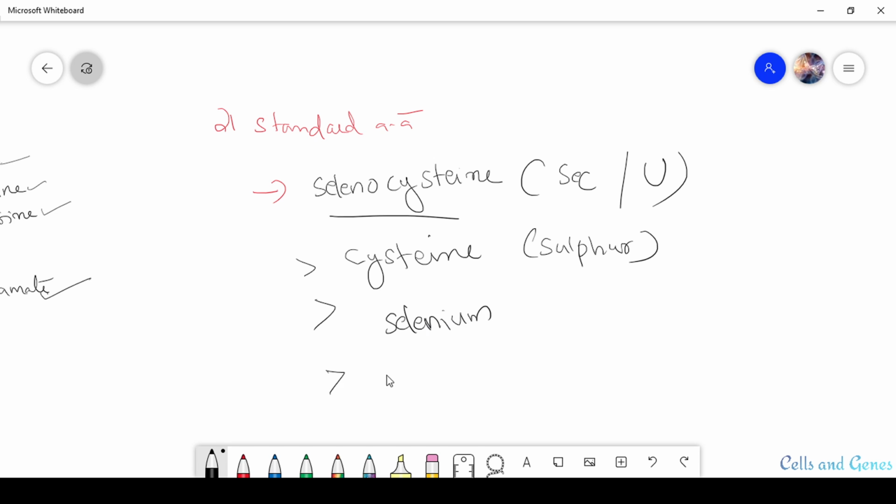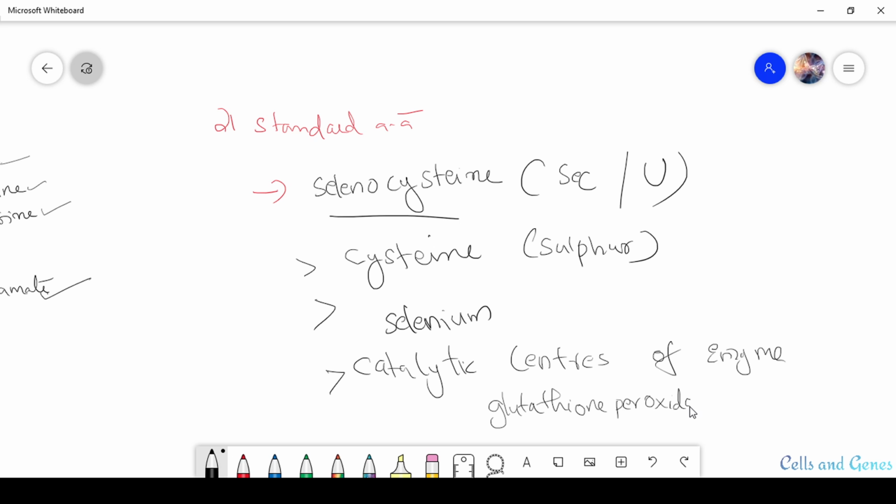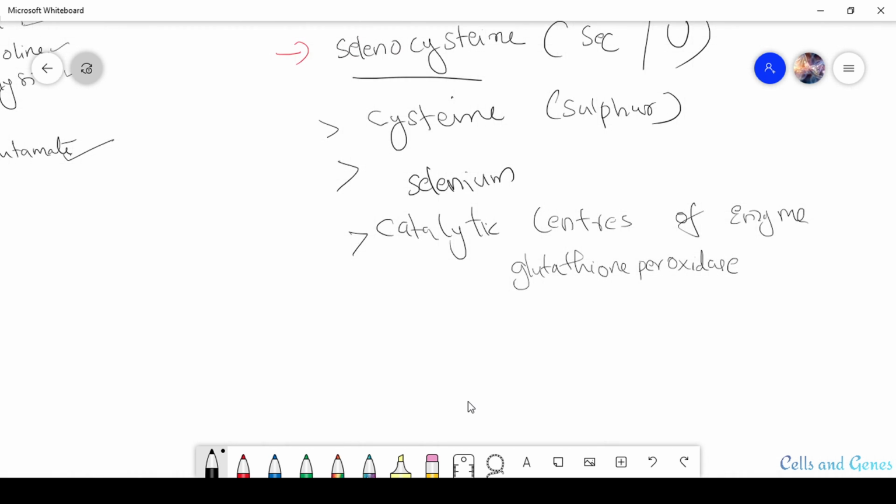We can find selenocysteine inside the catalytic centers of some enzymes. What are the enzymes in which we can find selenocysteine? They are glutathione peroxidase, and next one is formate dehydrogenase.